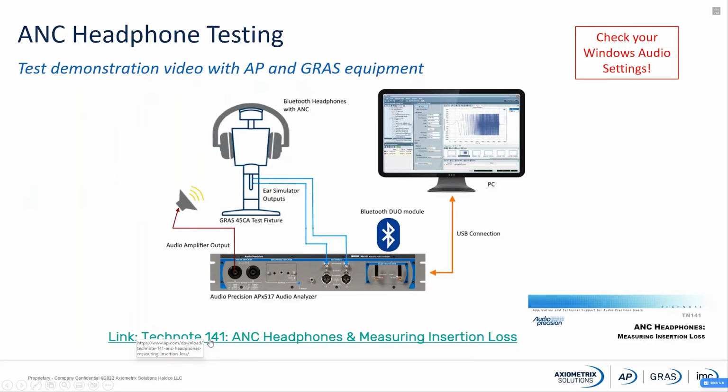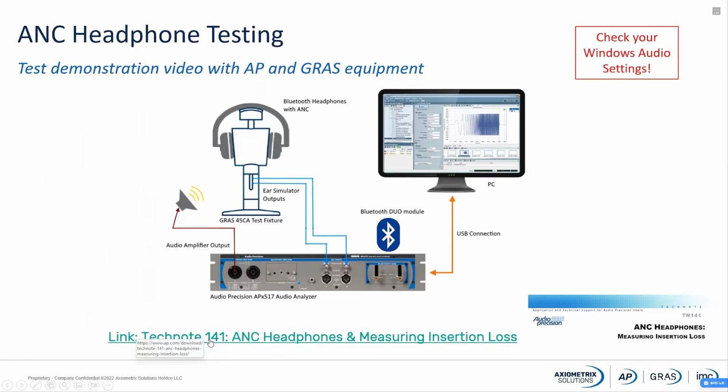So if you want to take that into account, you should use a more realistic signal, maybe one that is changing the level over time, for example. And you can also do that in APx. You can use whatever signal you want to, and then you can, for example, make a transfer function measurement within the software.